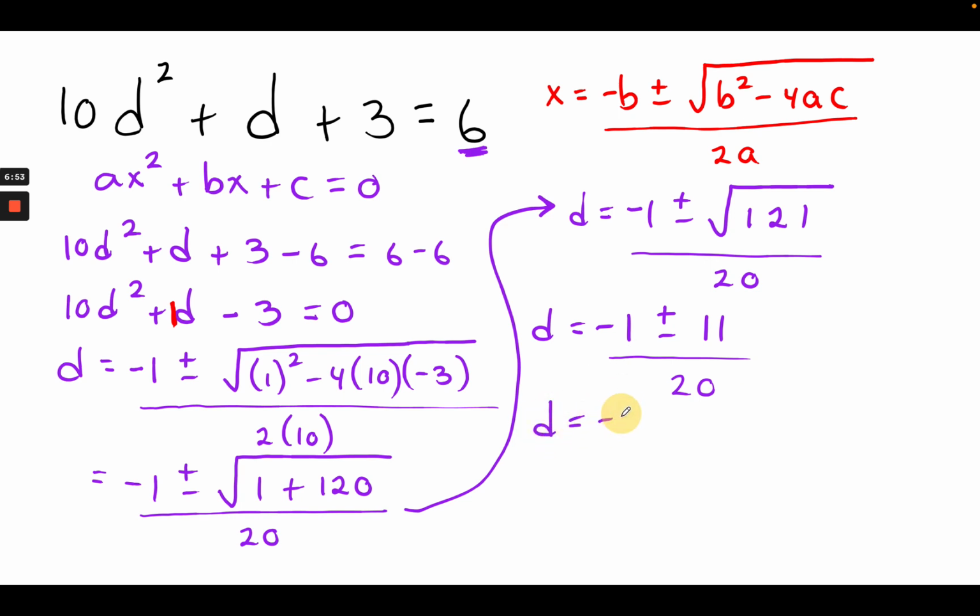D will equal negative 1 plus 11 over 20, which gives me 10 over 20, and that's 1/2.